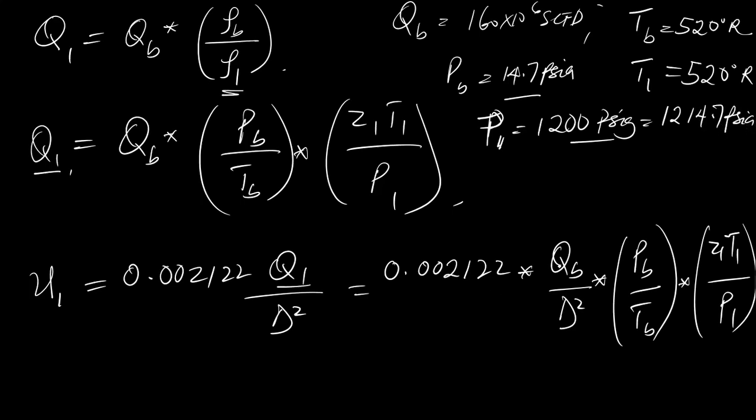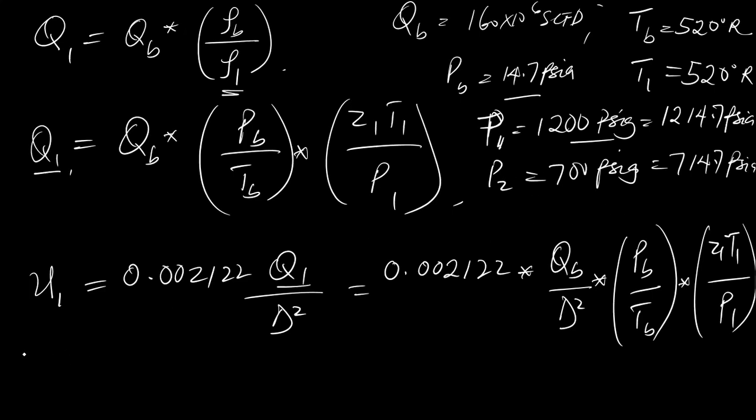So that is what we're going to use here. Now for P2, which is 700 psig, is the same thing as 714.7 psia. Just added the base pressure.